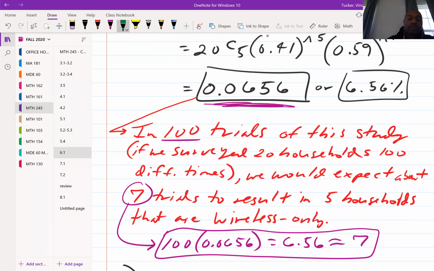Where they get a 7 from, that's 100 times the 0.0656. So if they said 1,000, then they probably would have said about 70 trials, because you would multiply it, or they could have said 66, because the decimal would be right here at the 65.6. So whatever this number is for your number of trials, you multiply it by the number that you got, and that's what should be right here.